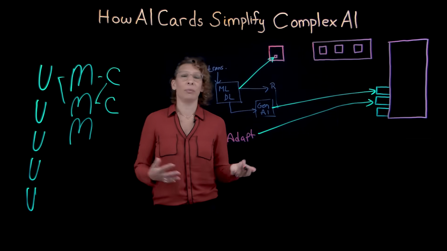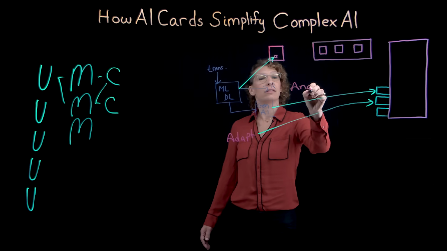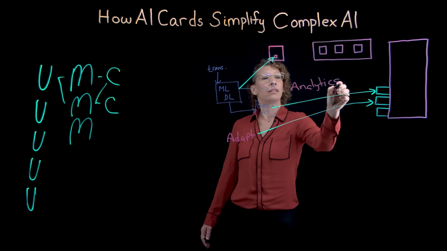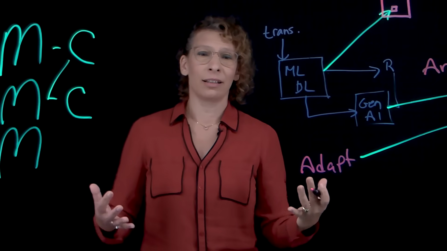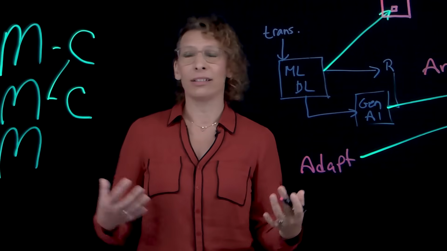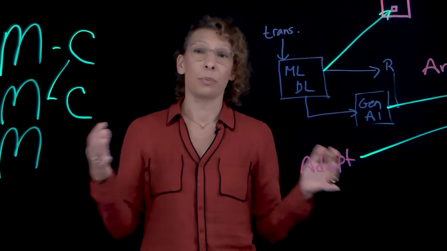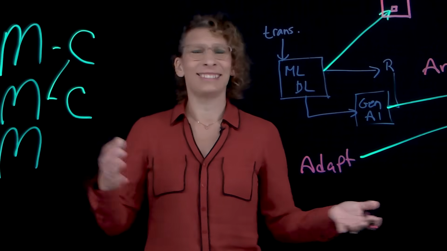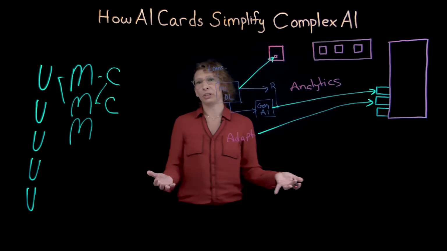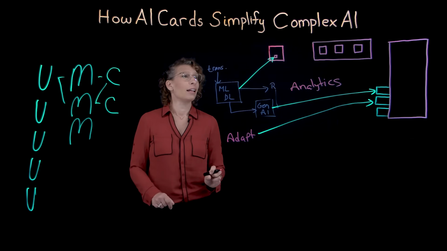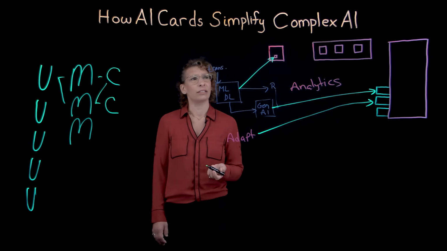Other things that we might be concerned with, something like analytics. Analytics is important. You really want to collect trends and understand what your customers are doing and why. You want as big of a data set as possible, and you're going to use this not in real time, but for future decision making. So you have a huge data set, huge model, and you probably don't care so much about how long it takes to get your answers.